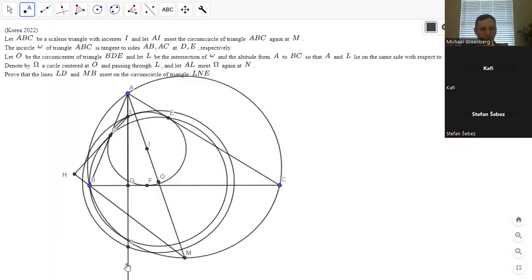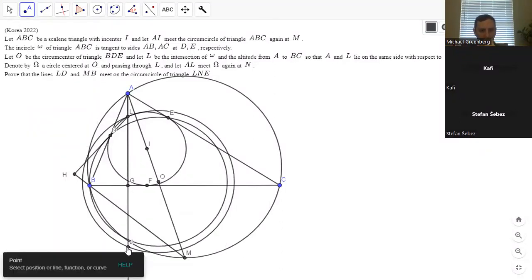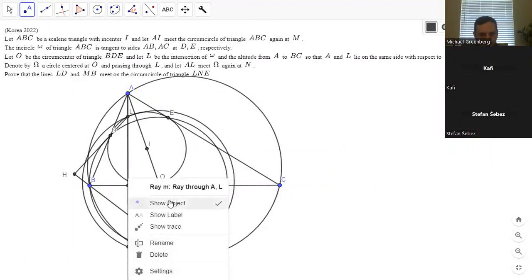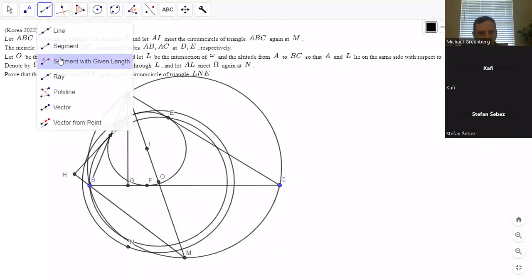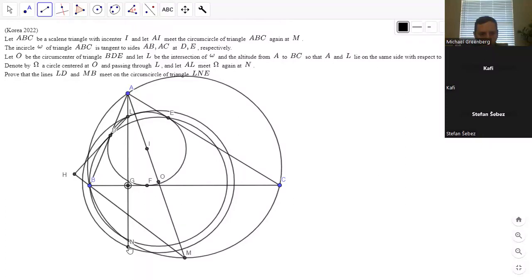So really, I think that's just a way of maybe trying to get a right angle or something. So this should be N, and we want to show HNLE is cyclic.